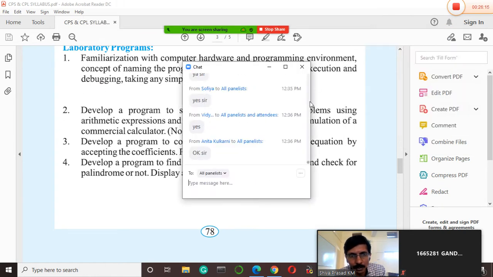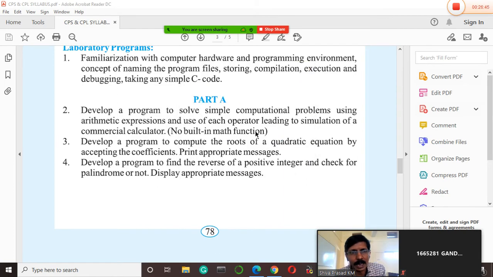Out of 40, 5 marks will be for your viva, 10 marks will be for your procedure, and the remaining marks will be for your execution process. Execution is one of the important things which helps you to know at which stage you will be after your examination.